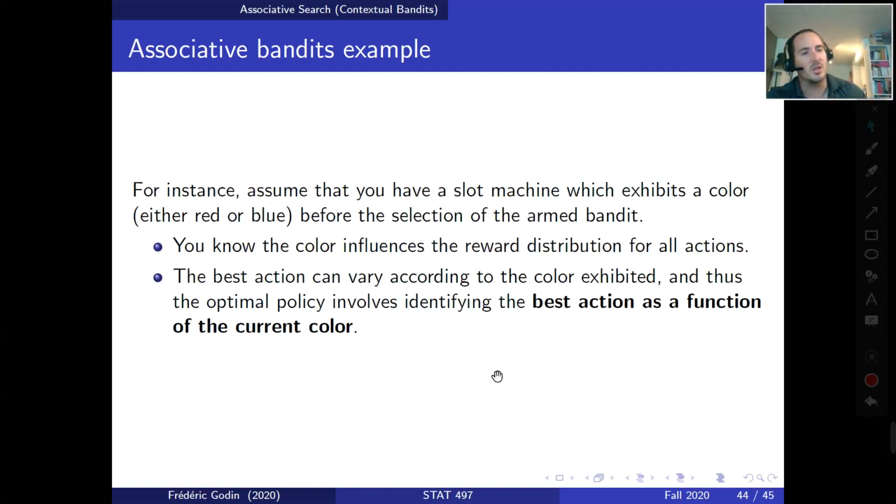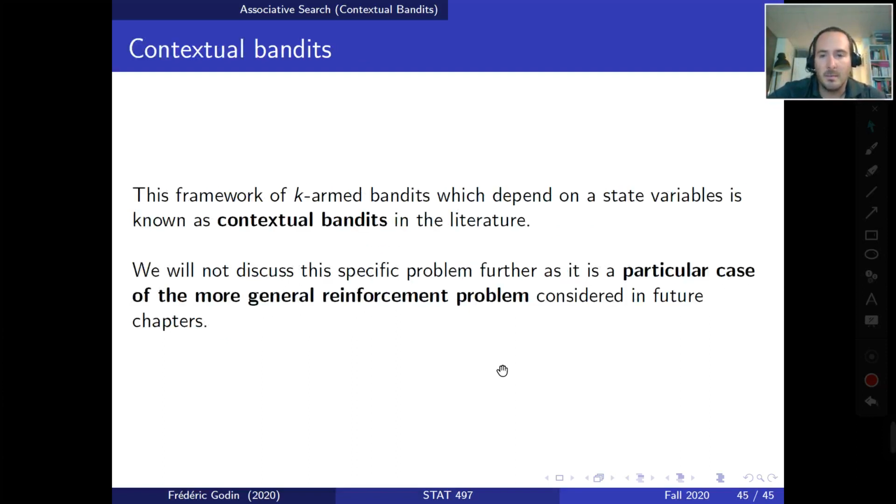So you have to associate the best actions with the various states of the nature. Okay, so this is a nice generalization. This is known as contextual bandits in the literature because the best action is dependent on the context or the state of the nature faced at some point in time.